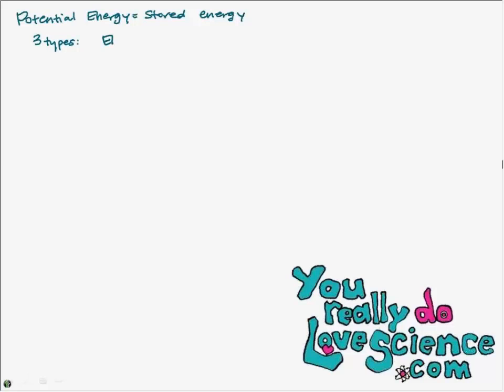There's elastic potential energy, and that's like a rubber band that's stretched, and it's ready to pounce. When it's stored energy, it means it can become motion. It's not motion yet, but it's stored and it could become motion if you converted it.